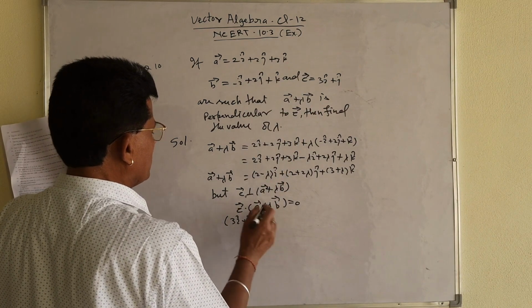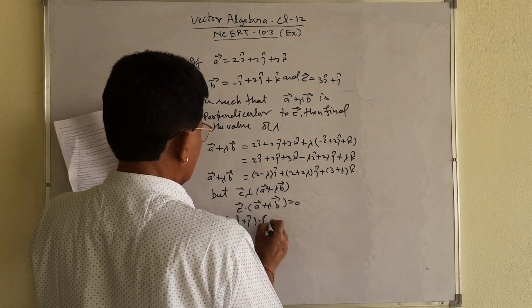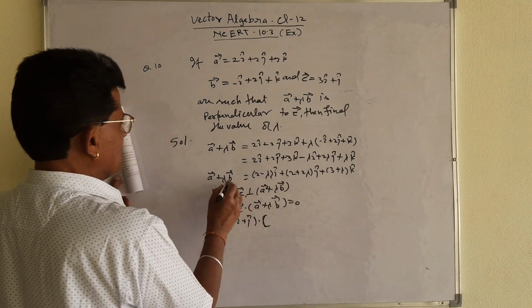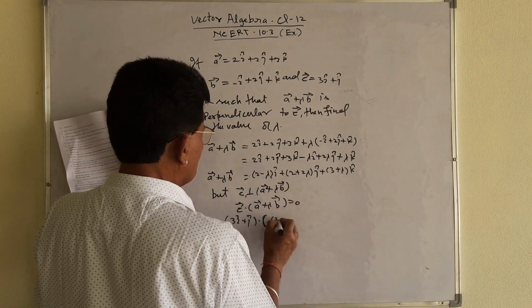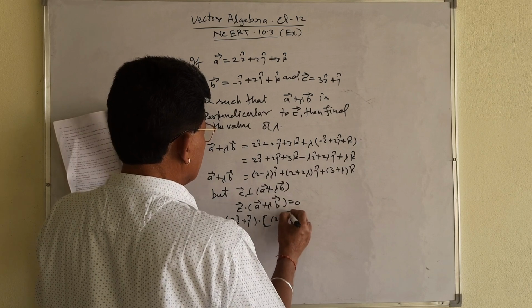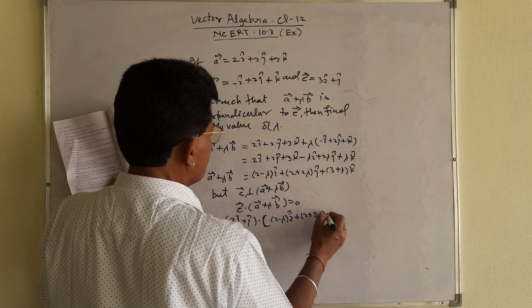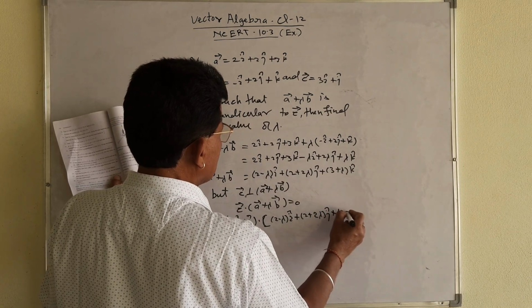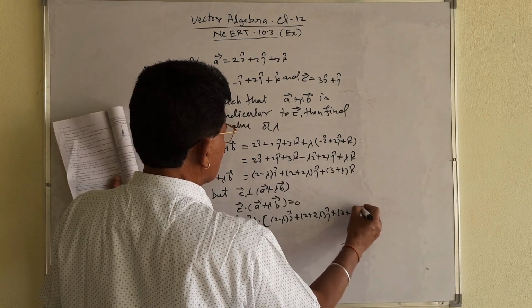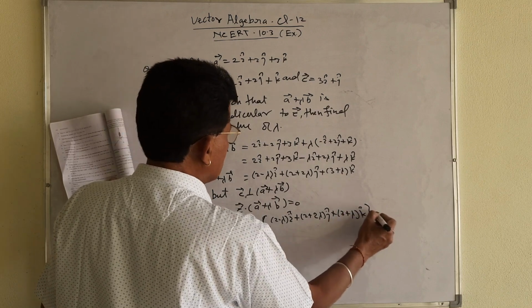That is the value. Dot product with a plus lambda b, जो मैंने अलग से निकाल दिया भाई: 2 minus lambda i. देखिए इस लाइन को समझना बहुत जरूरी है भाई. You must concentrate. 2 plus 2 lambda j plus 3 plus lambda k. You understand? It will be equal to 0.